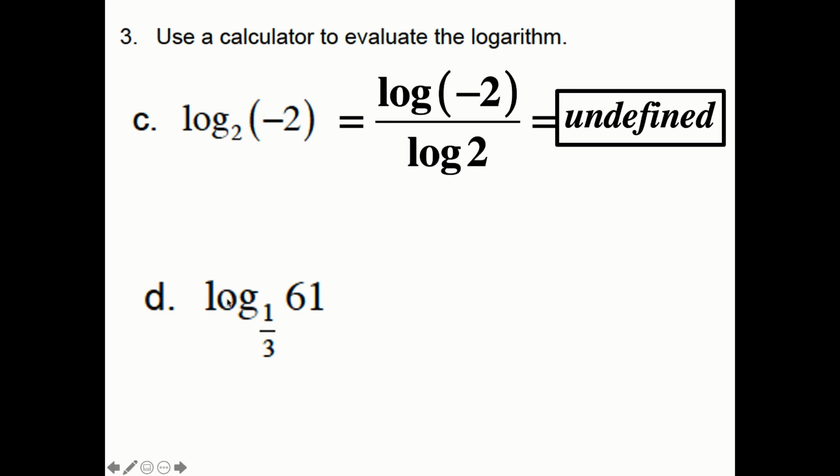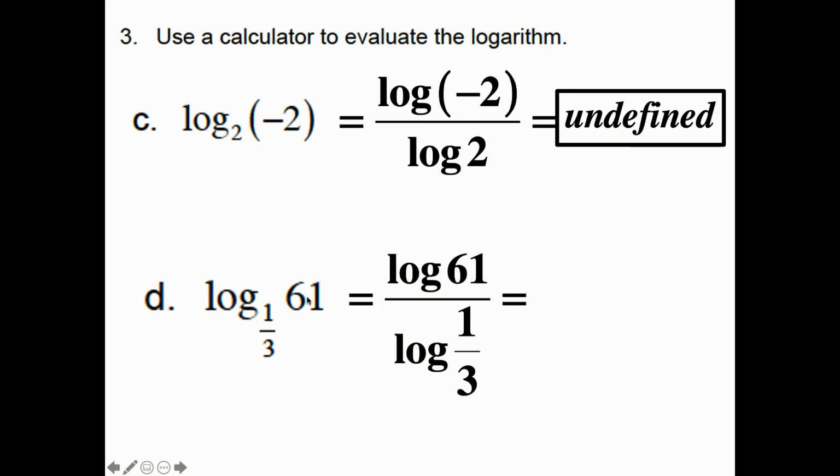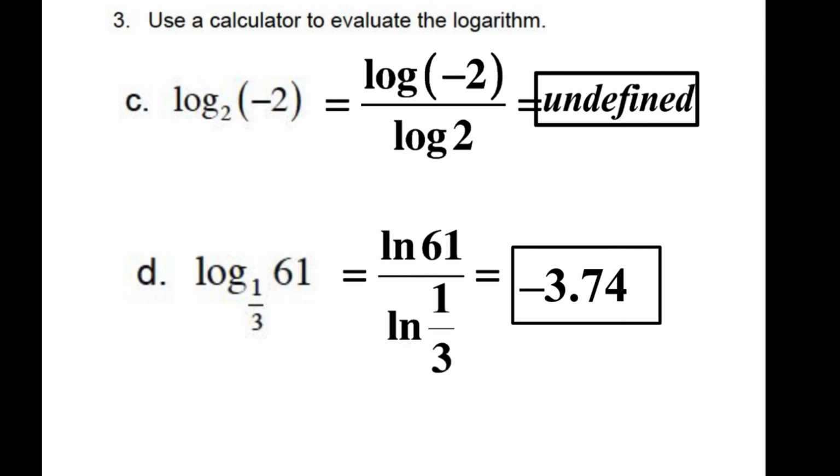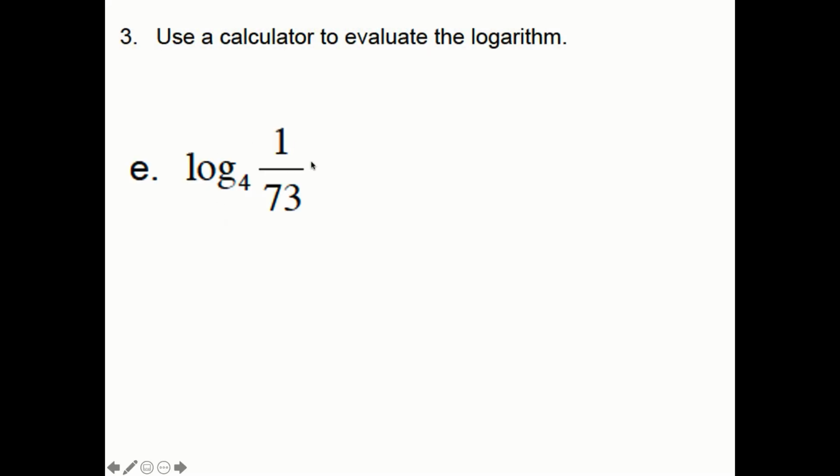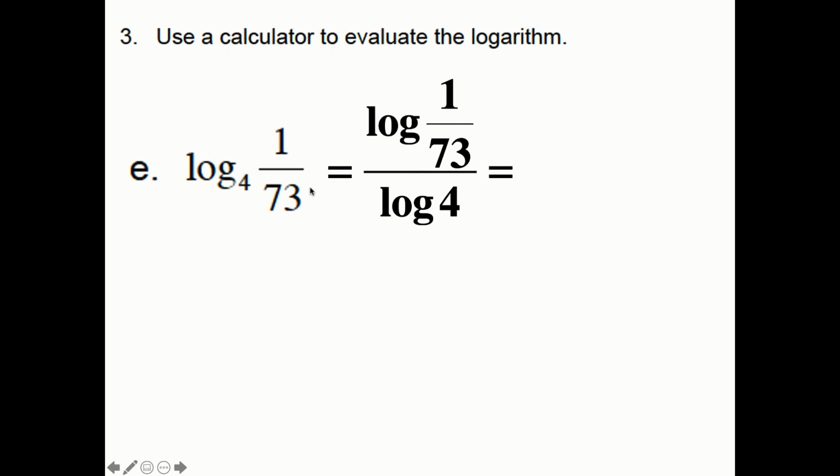And then we have this one, we have log of 61 divided by log 1/3. You should get -3.74. For E, log of 1 over 73 divided by log of 4, you get -3.09.